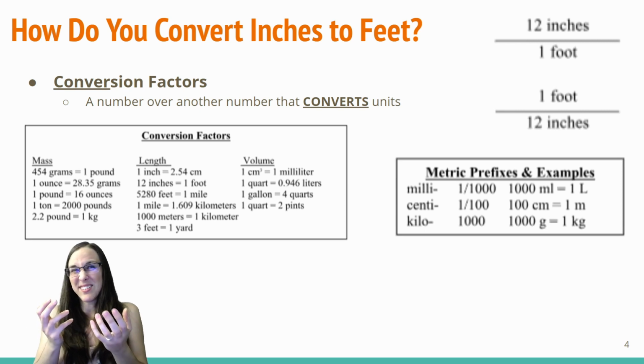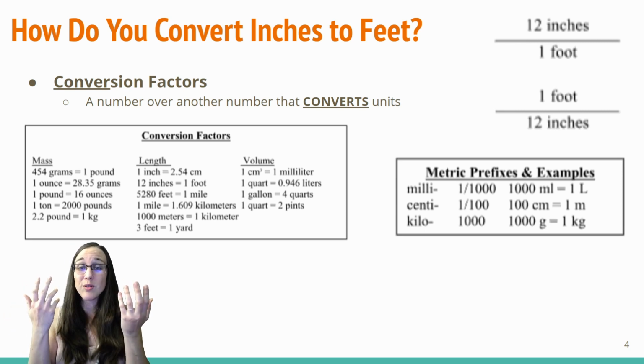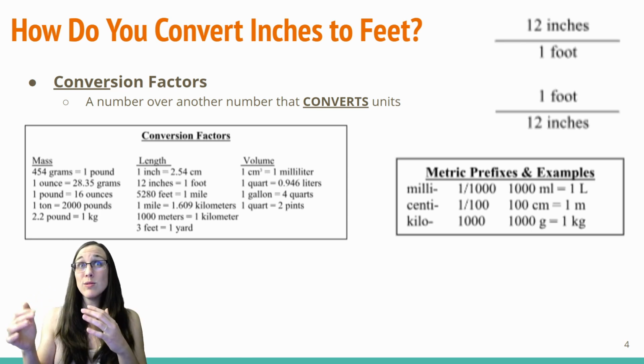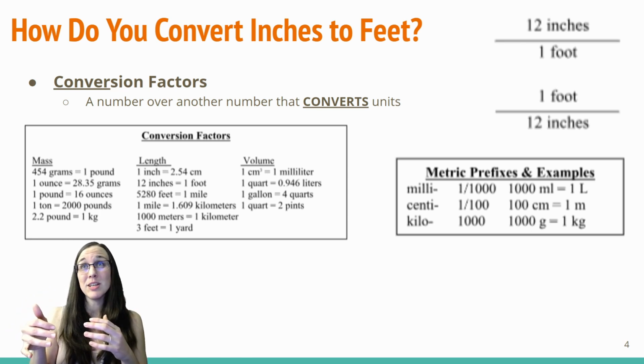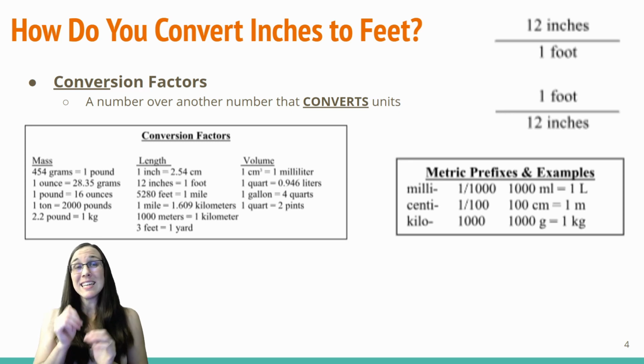Those things aren't quite known off the cuff, but there's a few there for you to reference back to. Feel free to copy those down, take a screenshot, whatever, to have an idea of what these conversion factors are when we use them and apply them in math and dimensional analysis. The ones that we will use more often in chemistry are metric prefixes. So those examples over there with milli, centi, kilo.